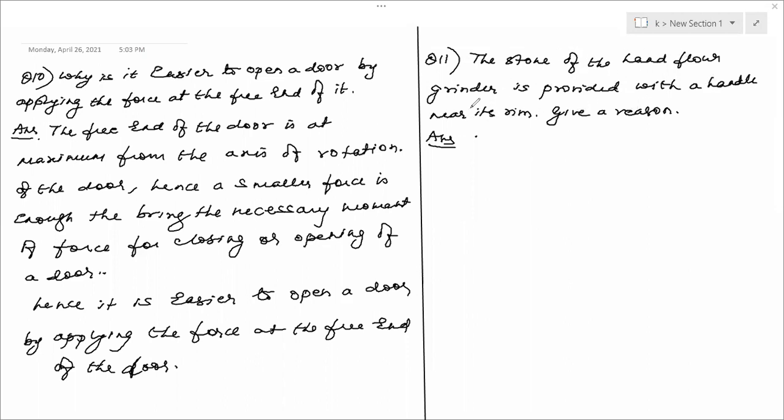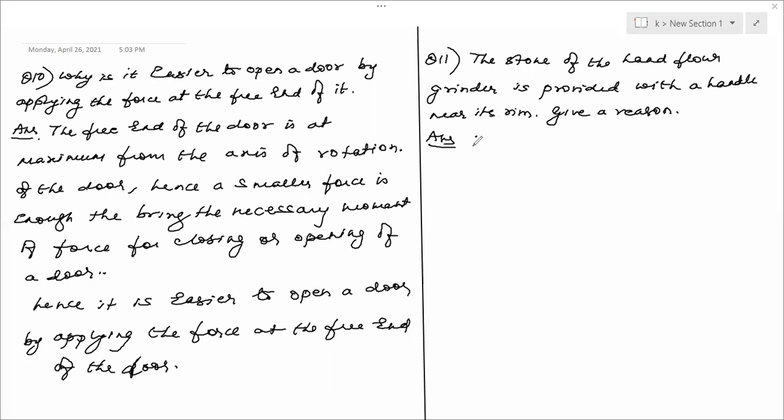So the handle near its rim is at a maximum distance from the axis of rotation. Hence, a smaller force exerted on the handle can produce enough moment of force for the stone to rotate. Are you getting me here? And that's the reason. So it's easier to grind.